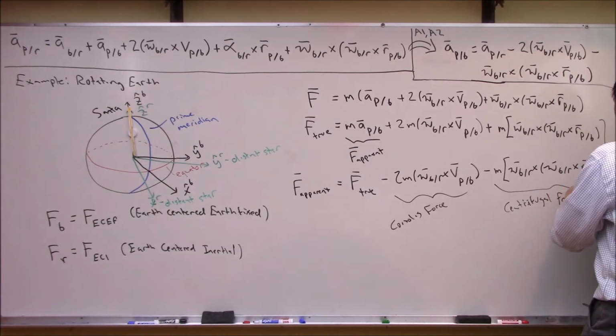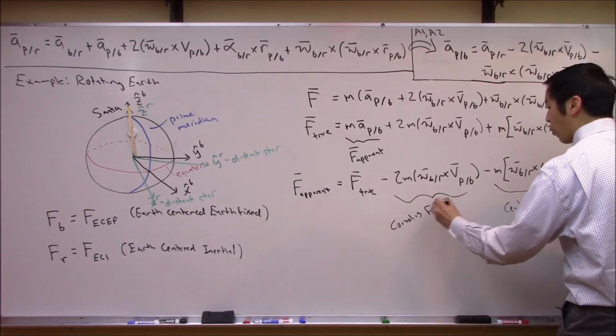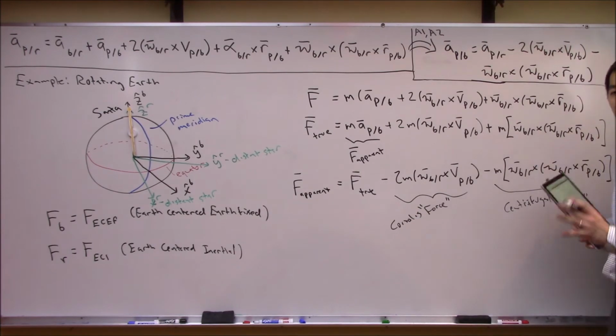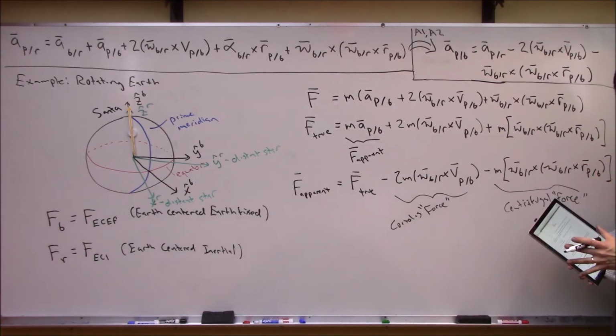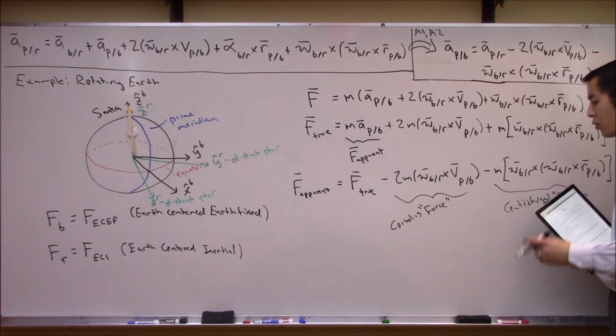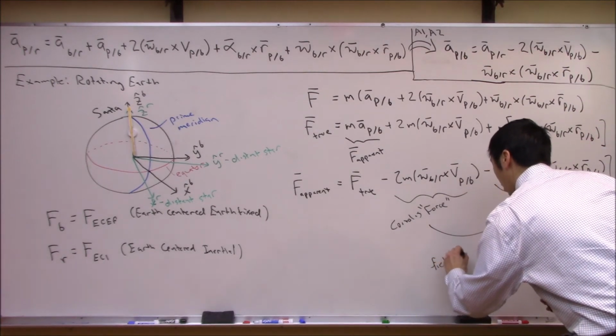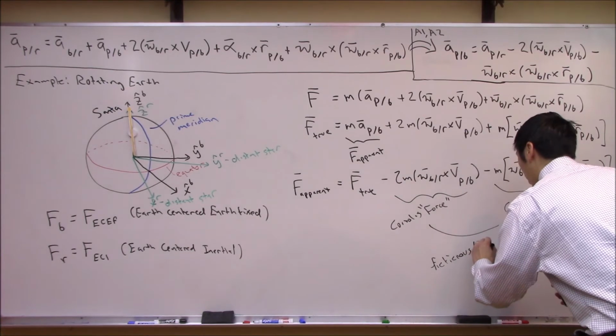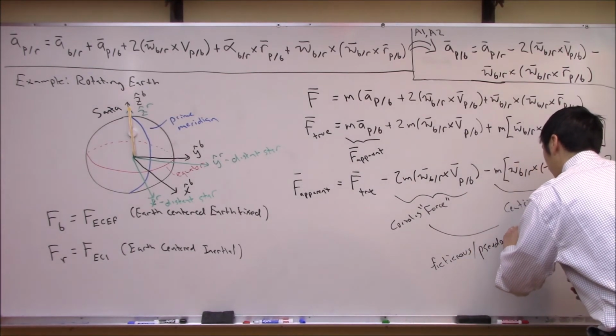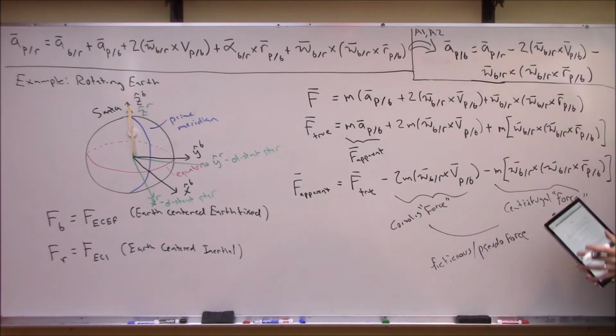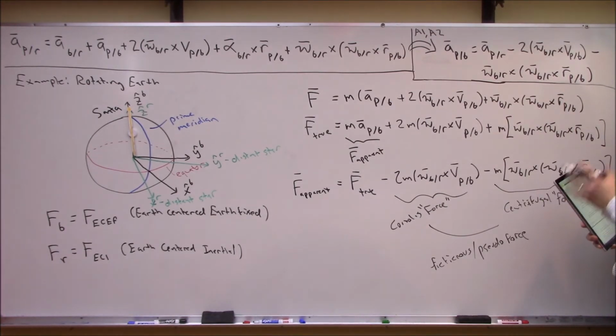And maybe we really better put this word force in quotes, because it's not an actual force. It's what's sometimes referred to as a fictitious force, or a pseudo force. It's not an actual force acting on the object. It's a fact that you're observing the dynamics of the system from a rotating perspective.